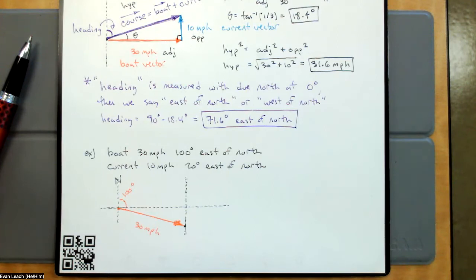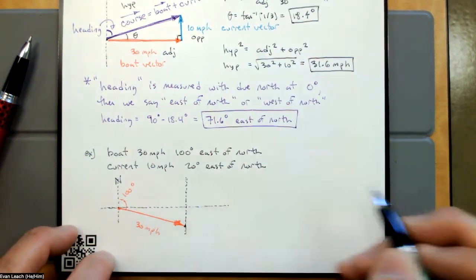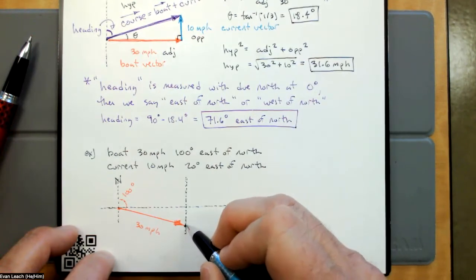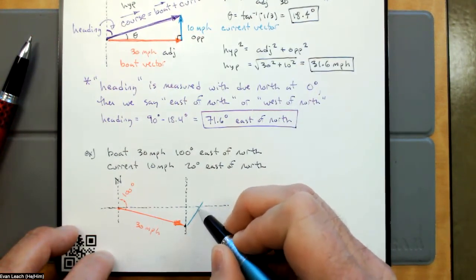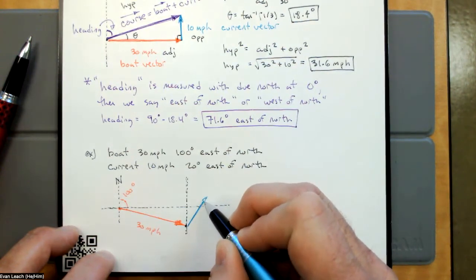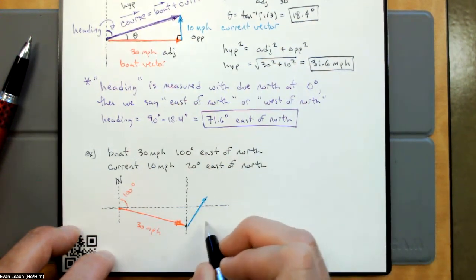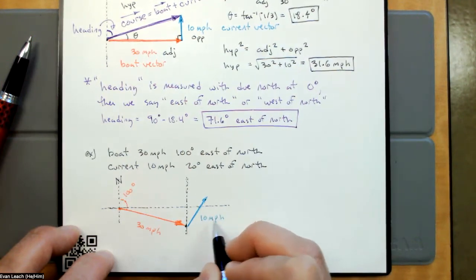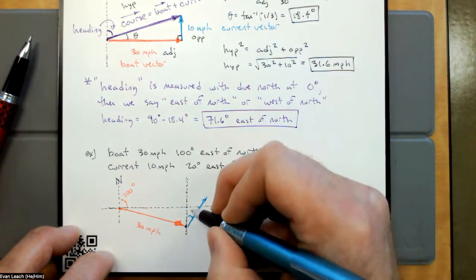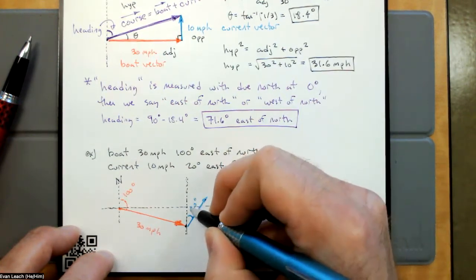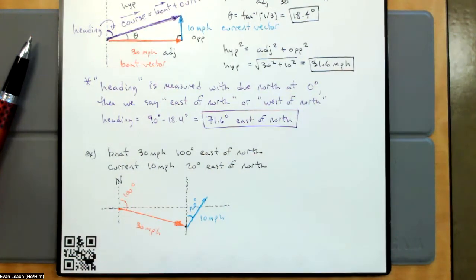And the current is 10 miles per hour at 20 degrees east of north. And we want to use this information to calculate the resultant vector.